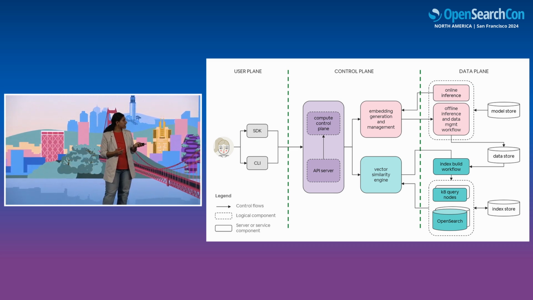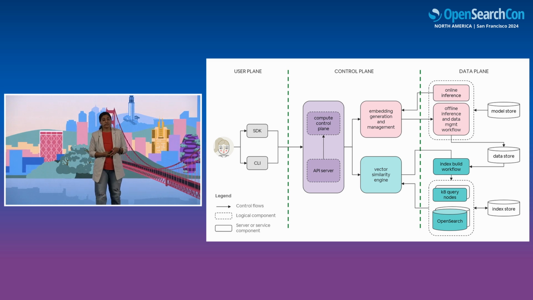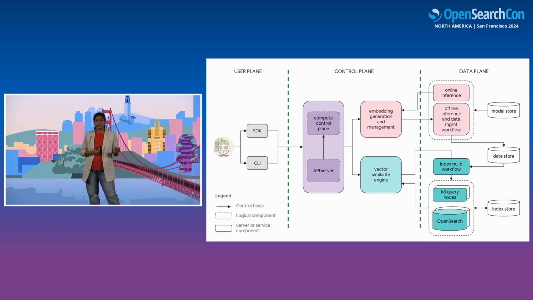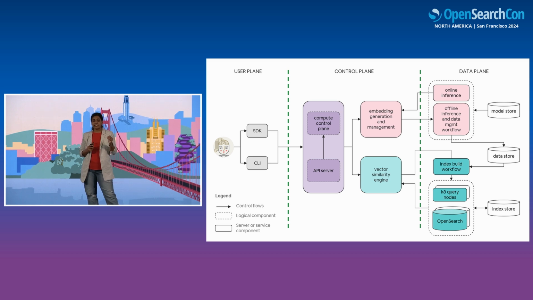Our API server is the gateway to the system. It routes incoming queries to one or more components of the system. The embedding generation component is responsible for transforming raw features into embeddings. It is also responsible for generating well-defined entities with vectors and metadata and materializing to our data store.